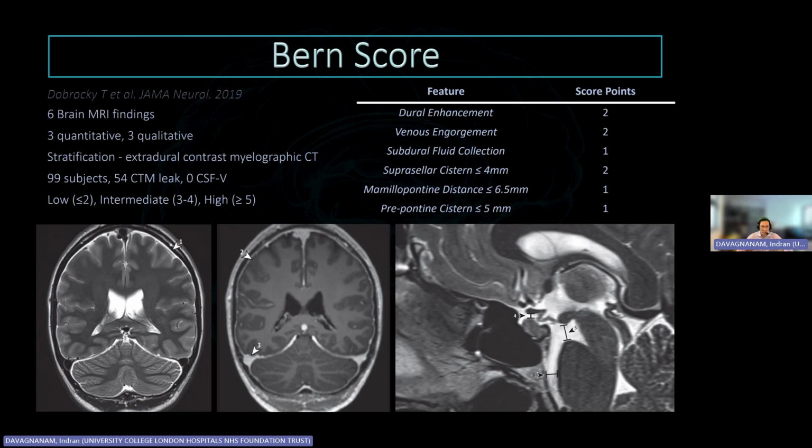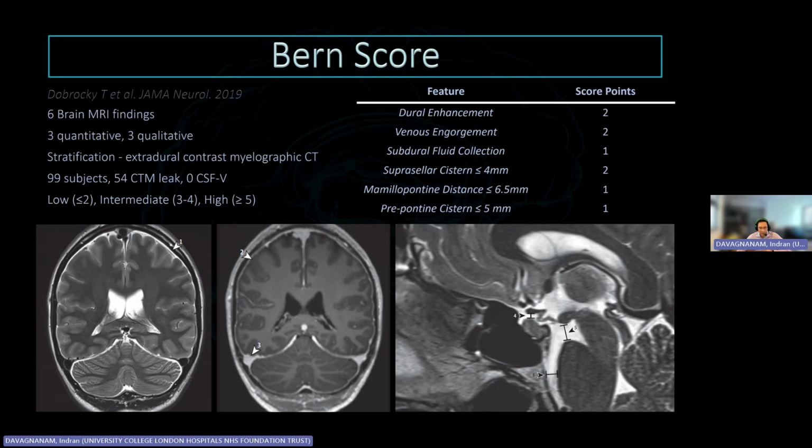A few things to talk about with this particular score. This was developed and published in the late 2018, 2019 period. And what is important here is that Tom Dobrocky himself acknowledged that they didn't take into consideration a lot of CSF venous fistulas because it was just being recognized and being diagnosed.